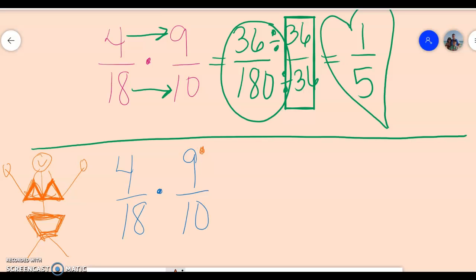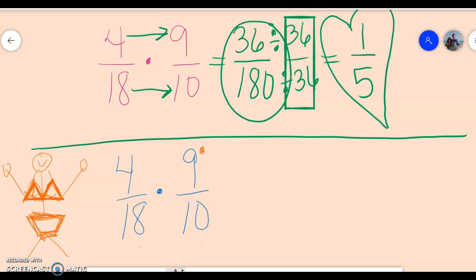So what bottom, the 18 or the 9, would have a common factor with the 9? And I happen to know my 9s. I'm a really good skip counter, and I know that I can count 9, 18, 27, 36, and so forth.